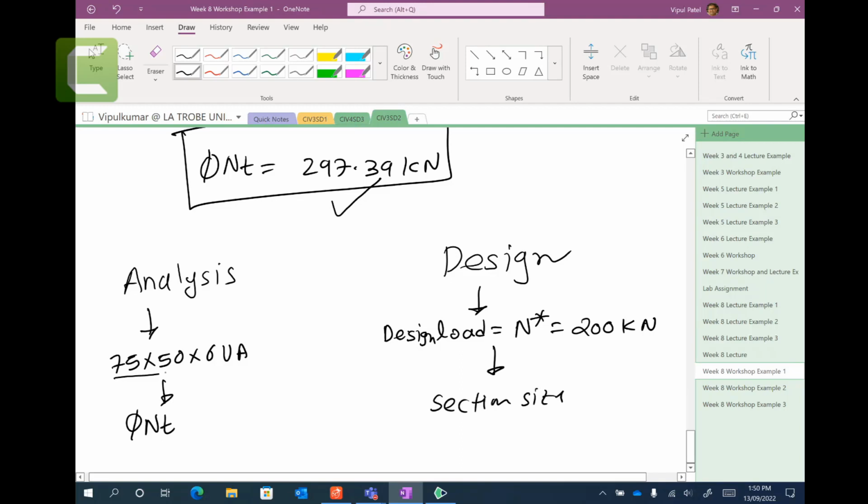Tell me if it is 75, or 50 times 40 times, I'm just making it up, equal angle or something. If you have 200 kilonewtons, that is a design question where they give you the design load, and you know how to calculate this design load. You remember that, right?